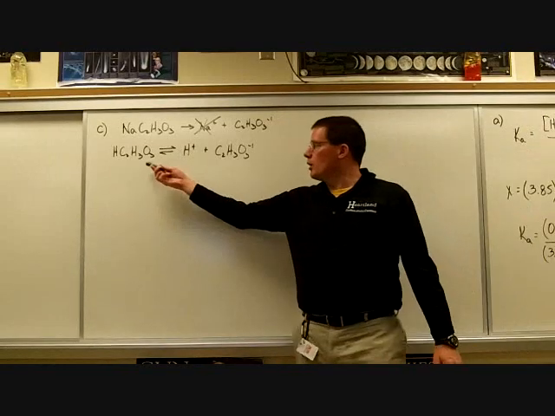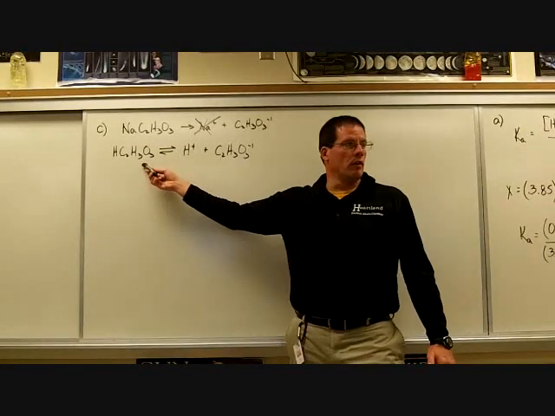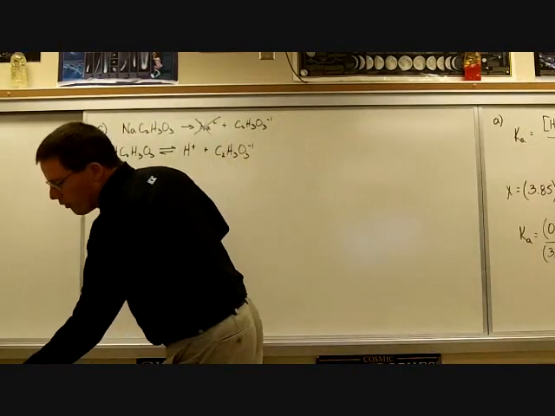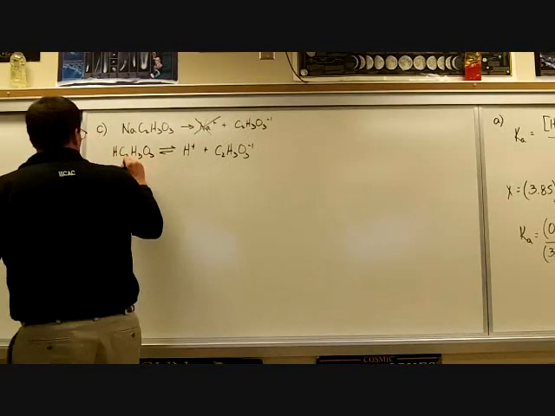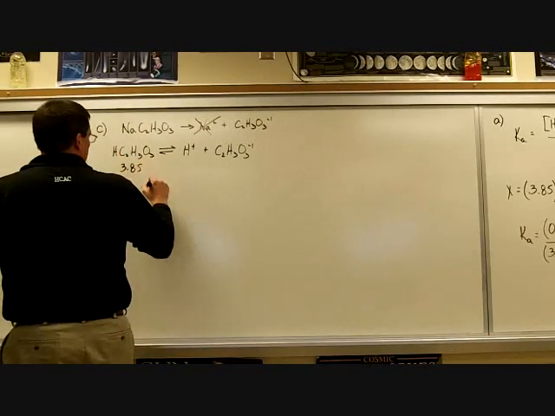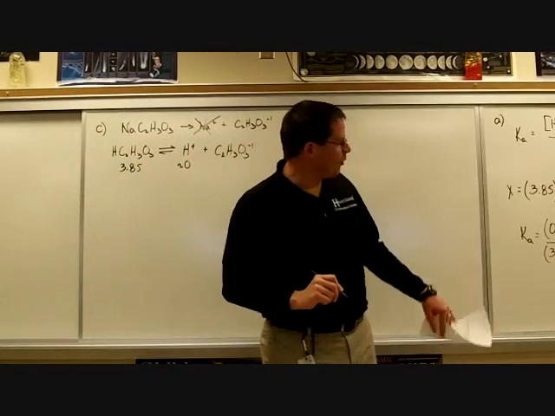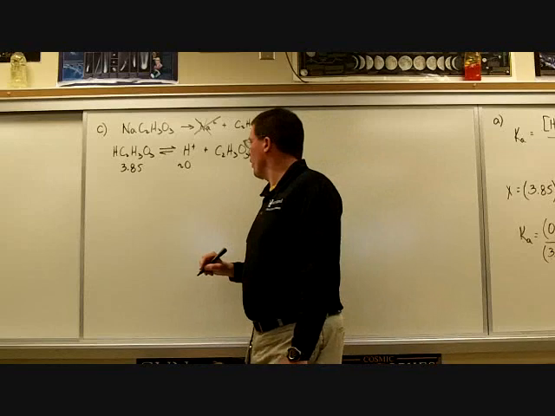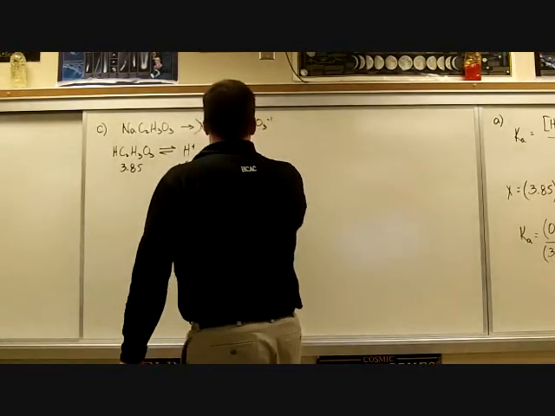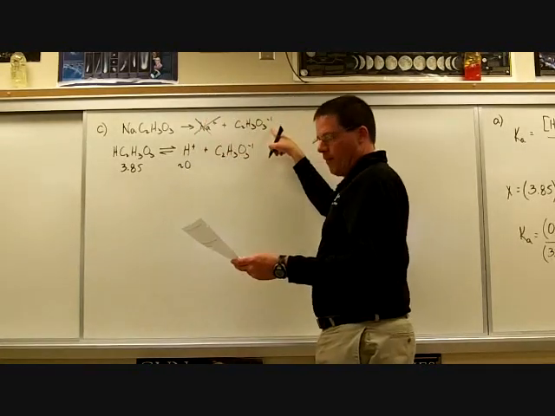And don't forget that you do have an amount for this, because it even says in the question that you have, was it 3.85? So we have 3.85. We have a small amount of hydrogen. I know it's 0.0238. If you want to put that in there, that's fine. And then we need to find out how much of this we have.